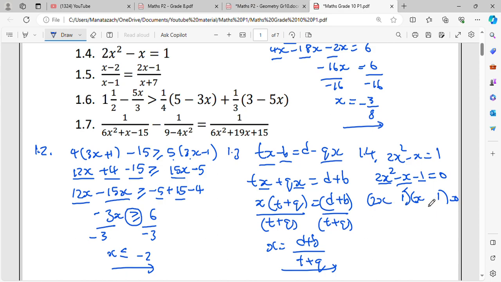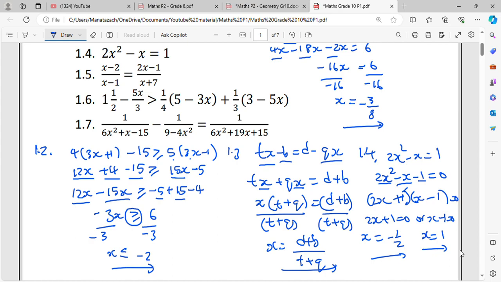That means if we turn this minus 1 to be negative and this one positive, it will take us back to the middle term of minus x. So here we'll have 2x plus 1 is 0, or x minus 1 is 0. So x is 1, or x is equal to minus 1 over 2. So that's the answer for question 1.4.